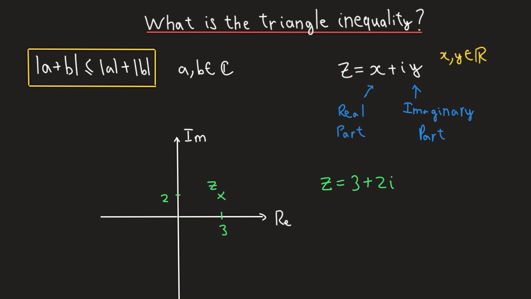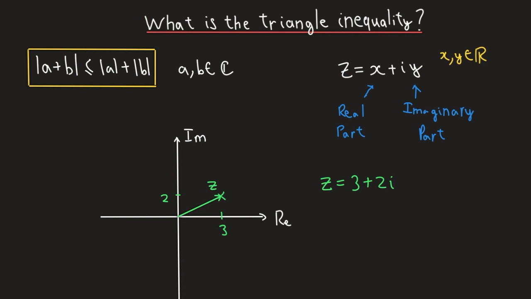So essentially, the coordinates of z are defined by the real part and the imaginary part. We can say that z has coordinates of 3 on the so-called x-axis, the real part, and 2 on the y-axis, the imaginary part. And what's neat about this is that complex numbers can be sort of represented by vectors, since we are dealing with planes. And the coordinates of that vector is given by the real and imaginary part.